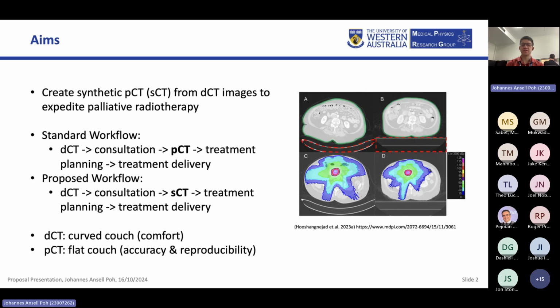Meanwhile, in radiotherapy, we use a flat couch. As you can see in images B and D, there's a flat couch and the patient's anatomy follows the flat couch. So we need to model this difference when creating the synthetic planning CT images.